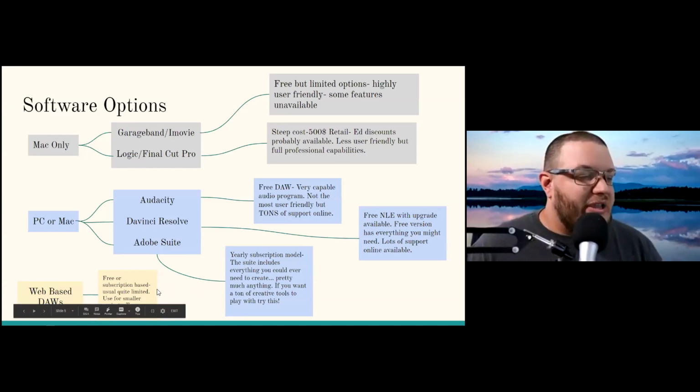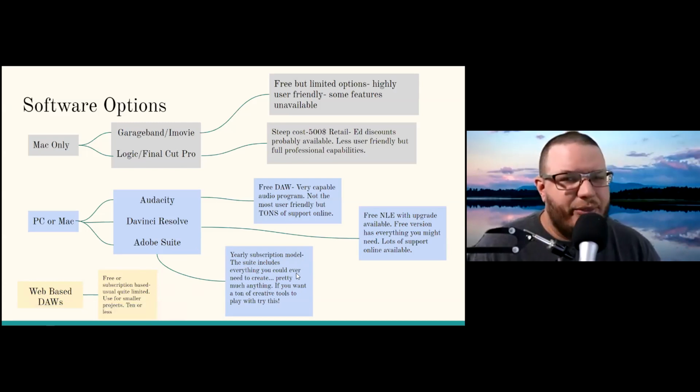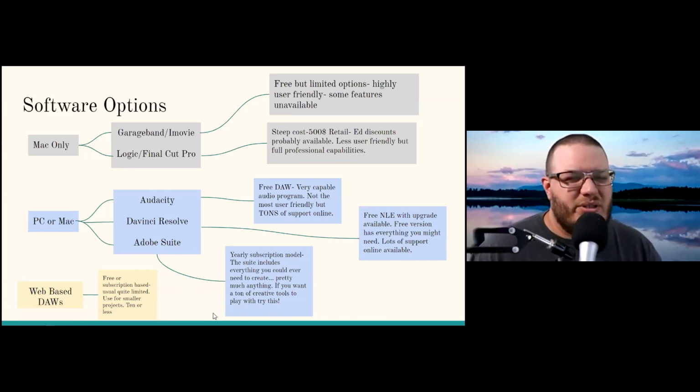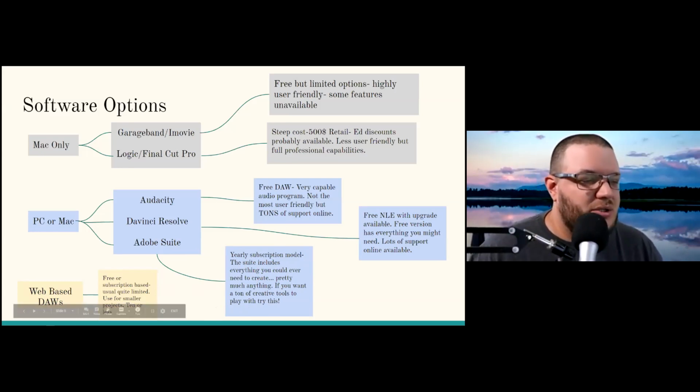Adobe uses a subscription model. So you pay one price, but that covers I think 28 or 30 different programs that you can use. And the two that you would focus on for this are Premiere Pro, which is the video editor, and Audition, which is the audio editor.